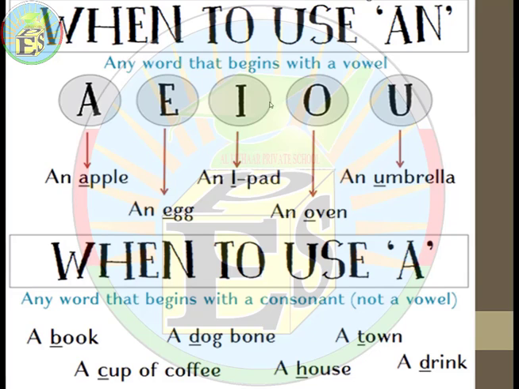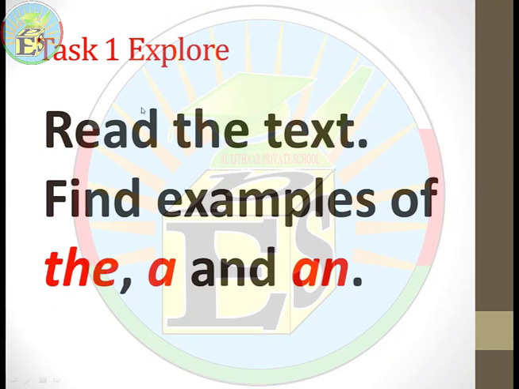So now let's get started with the tasks that we have in our books, and I would like you to open your student's book on page 71, and we will start with the first task, explore. Task number 1, explore. We need to read the text, find examples of the, a, and an. I'm gonna read the text for you.